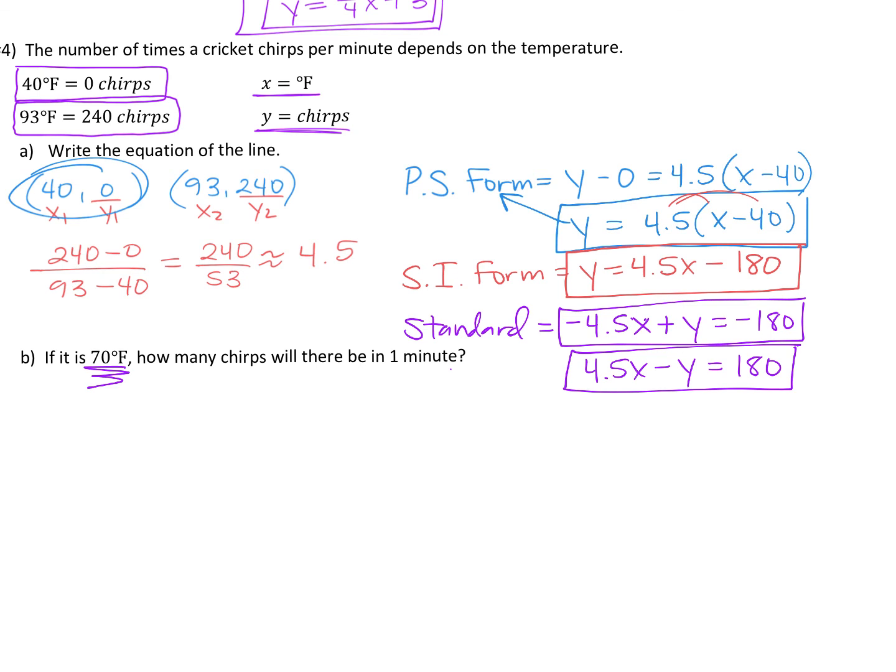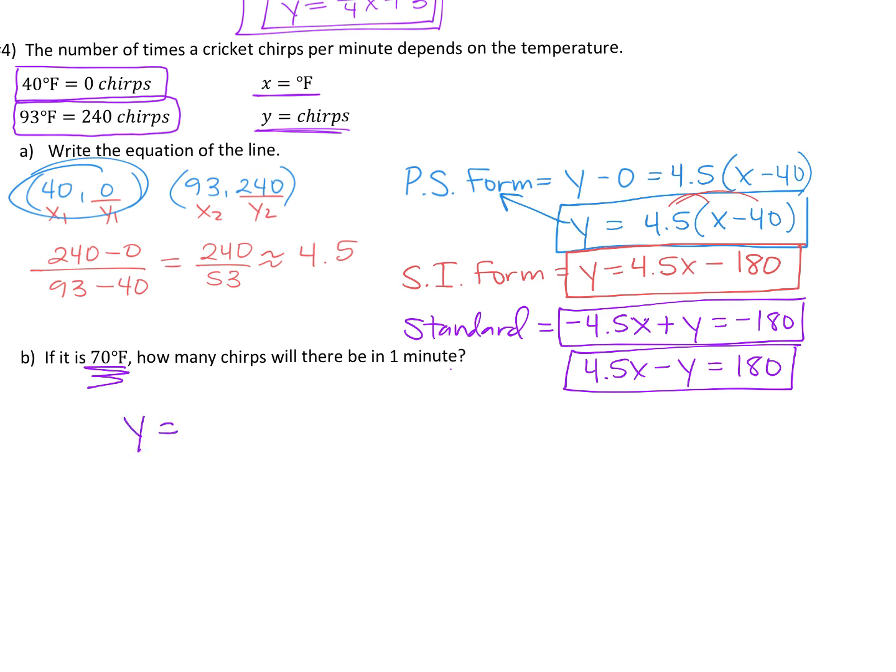Which form makes the most sense to use right now? Point slope, slope intercept, or standard? You could use point slope, yeah. Point slope or slope intercept, I would say, are the ones that make the most sense because your y is isolated and we're solving for y, okay? I would probably do slope intercept form.